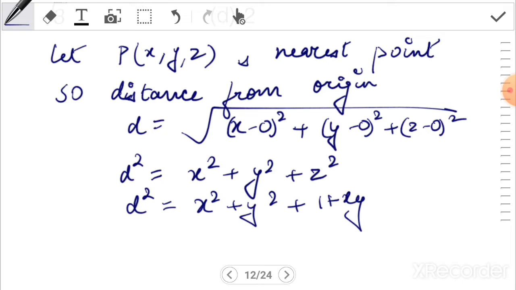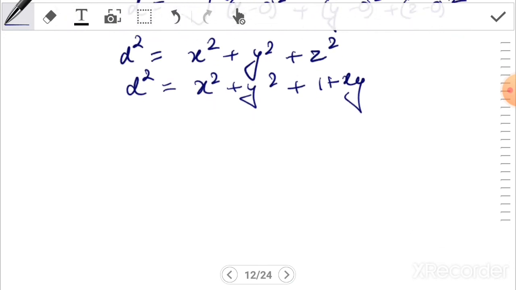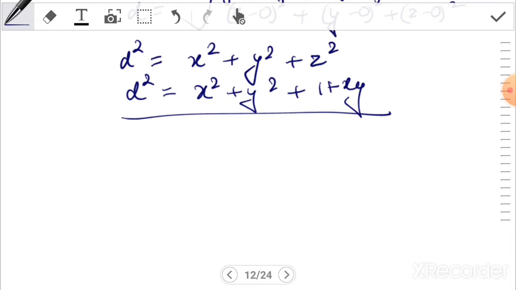So now the distance is shortest when d is minimum. Okay, so we need to find the minima of this function. So if d is minimum, that means d square is also minimum.